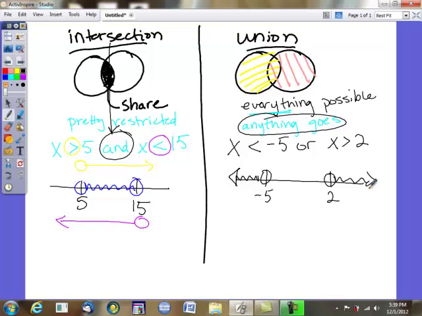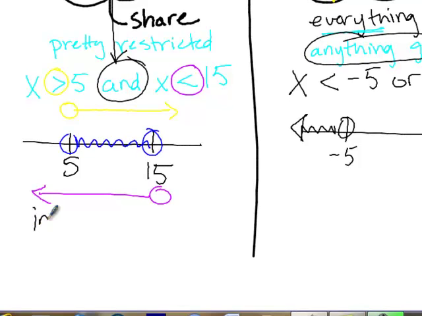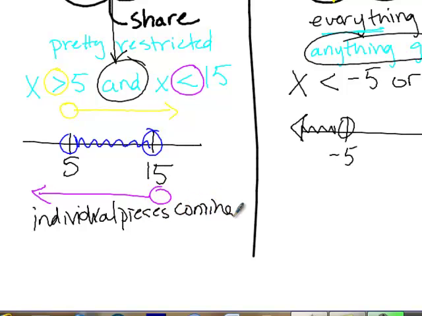The difference between the two, if I look at an and, I have to look at individual pieces coming together. Whereas I compare it to the or, what you see is what you get.